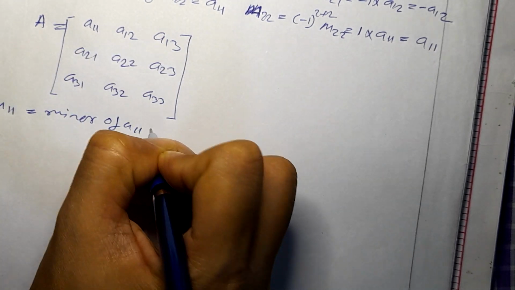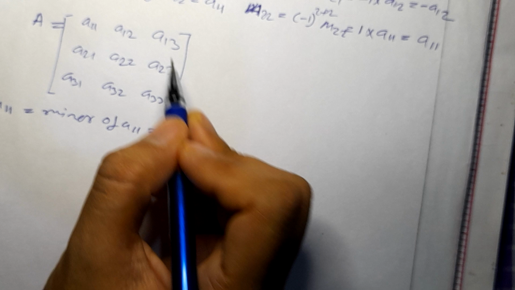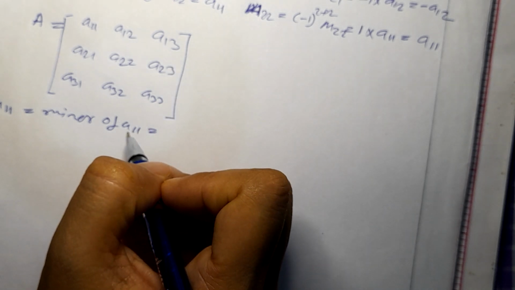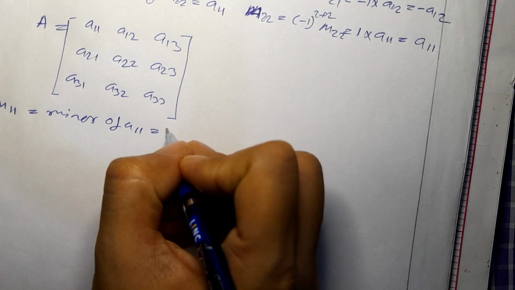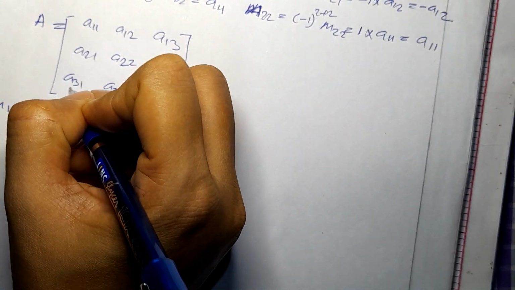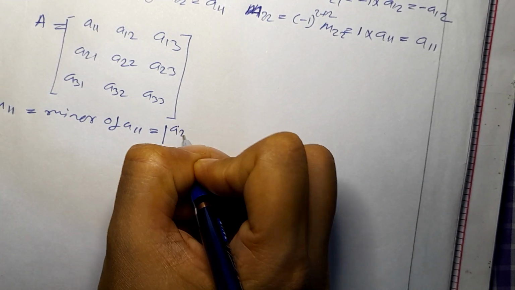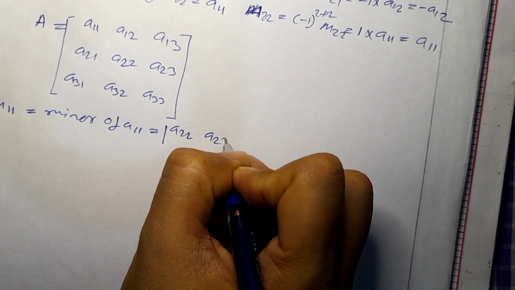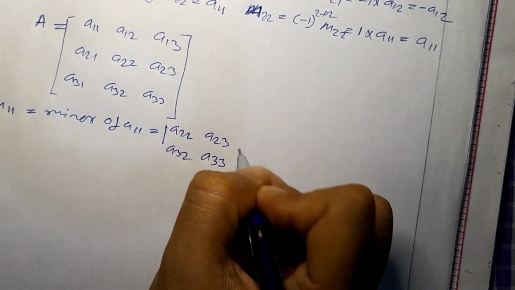a11 is represented by, eliminate this row, first row and first column. Eliminate this row and this column and write everything else. Elimination leaves a22, a23, a32, a33.